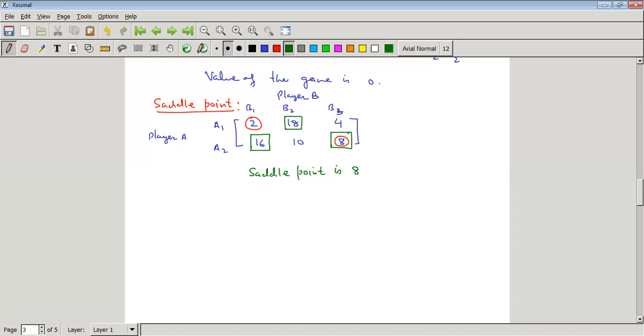If player A plays this game with strategy A2 and player B plays with strategy B3, so we can say the best strategy for player A is A2 and the best strategy for player B is B3.